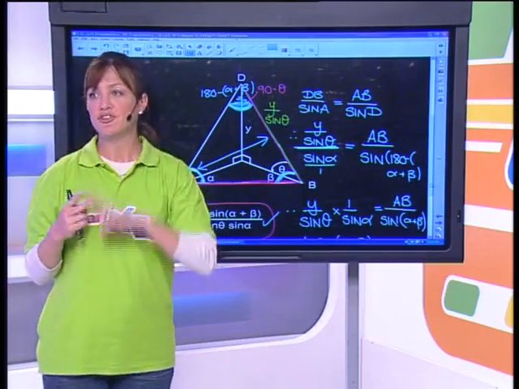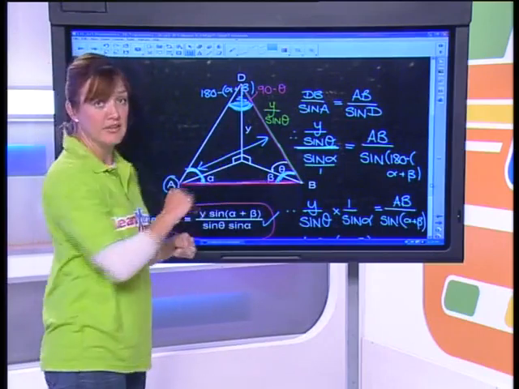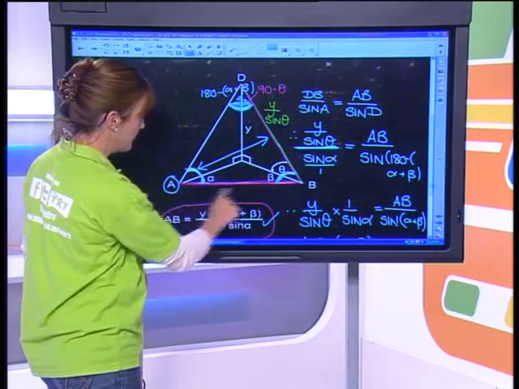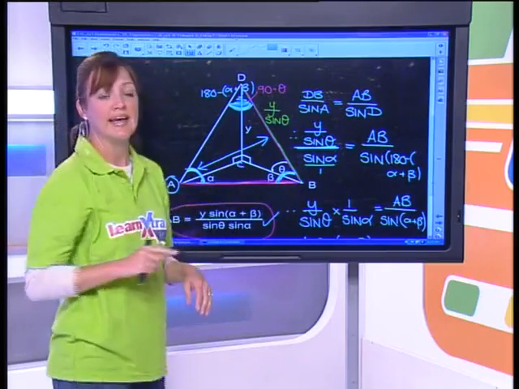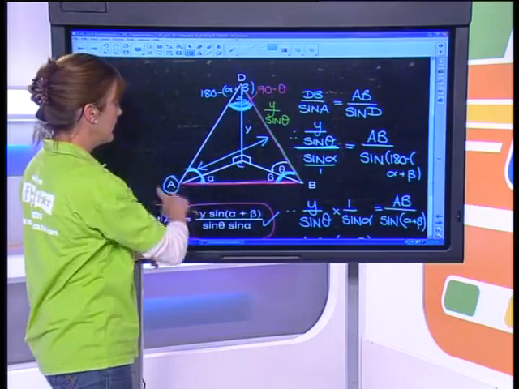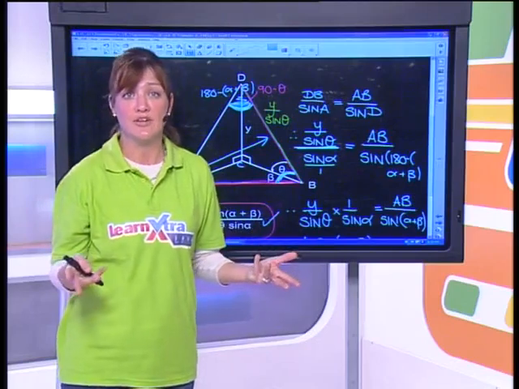AB is part of two triangles in this diagram. It's part of the big triangle, ABD, and it's part of the bottom triangle, which is ABC. Now, if you look at the big triangle ABD, none of those angles are 90-degree angles, and in order to use Pythagoras, you have to have a 90-degree triangle.